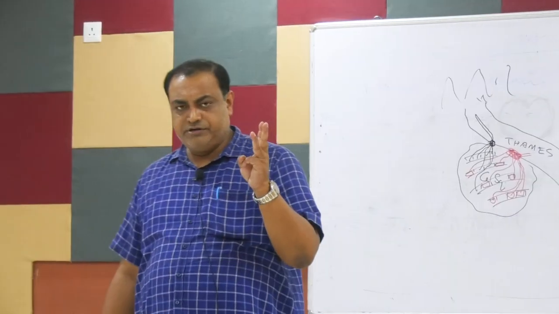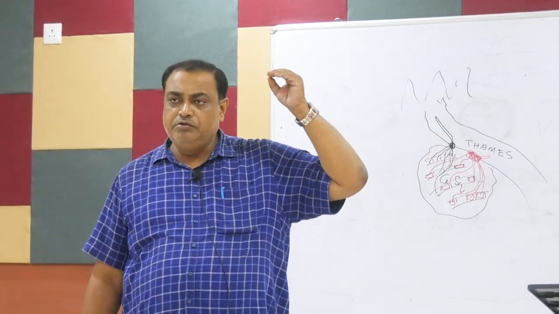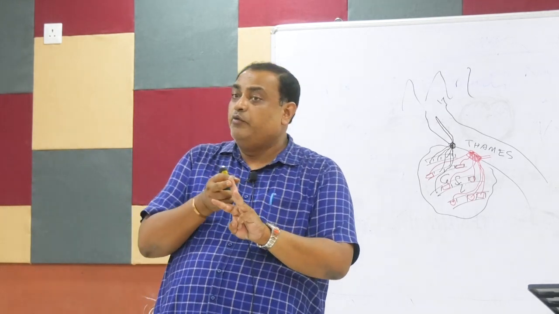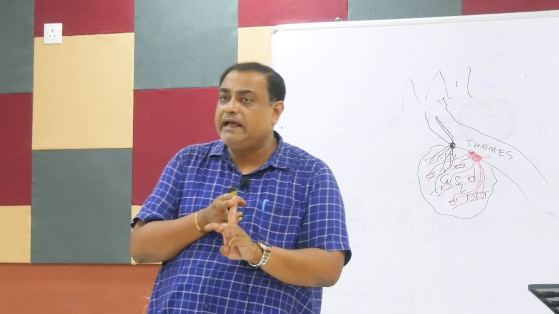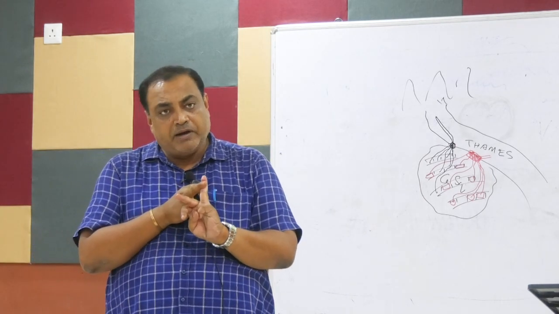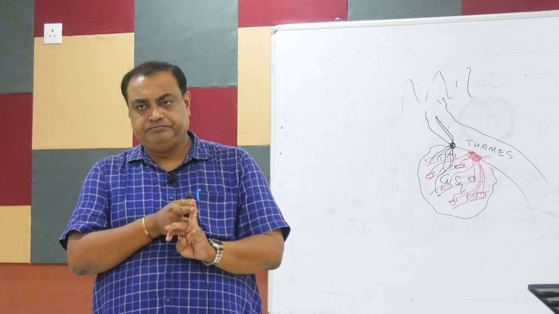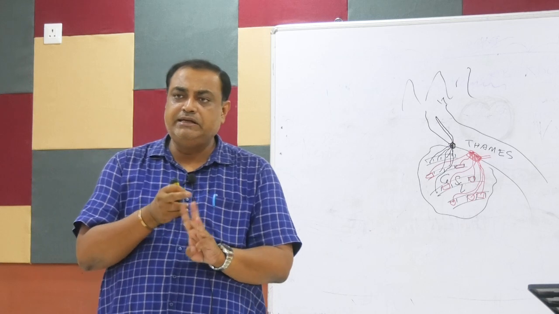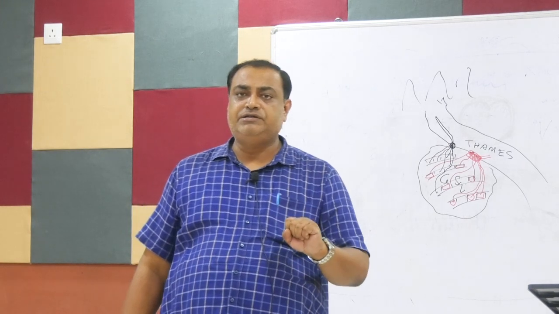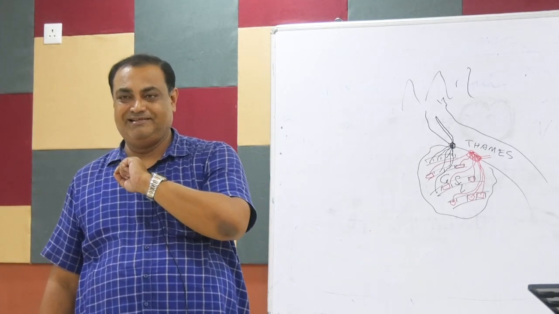So for total CK when you are measuring, we need to address these 3 points: how soon they appear in the blood, how long it takes to reach the maximum, and by which time they come back to normal. Clear? Why these 3? This will help us to assess the staging of the disease.